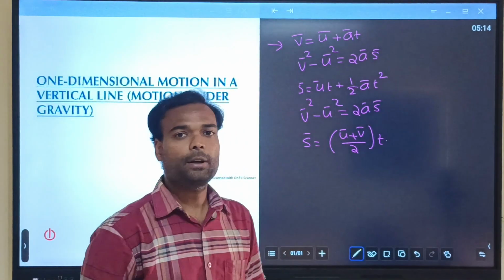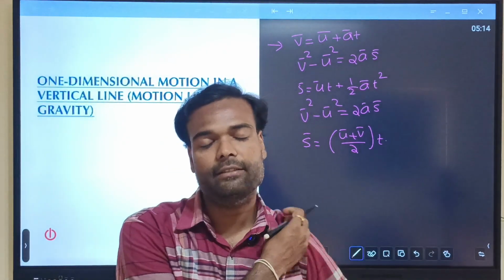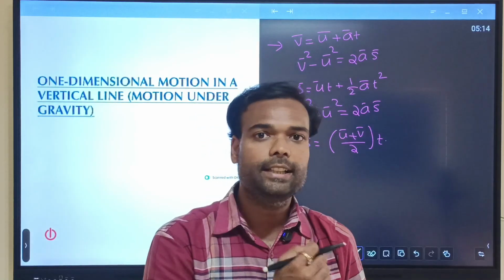These are the uniformly accelerated motion equations we saw in our last class in the horizontal direction.